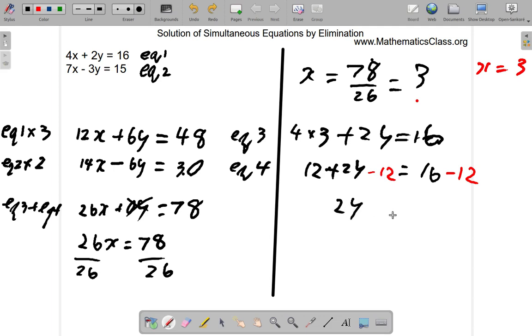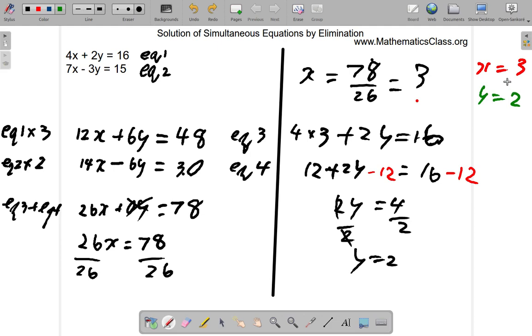So we have 2y left equals 16 minus 12 is 4. 2 times what gives a 4? 2 times 2 gives a 4. So y would have to be 2. Or we could say divide by 2, divide by 2. And we have y equals 4 over 2 is 2. So y equals 2.